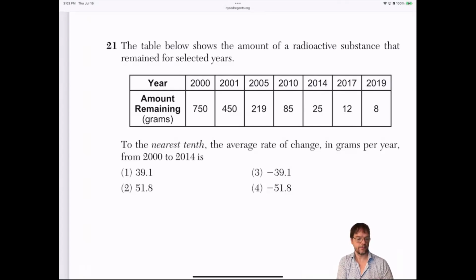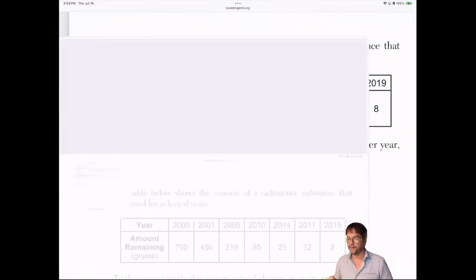It's a four, option four. Let's see together.